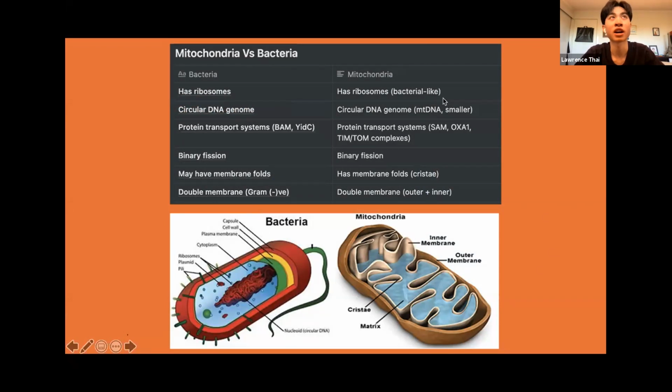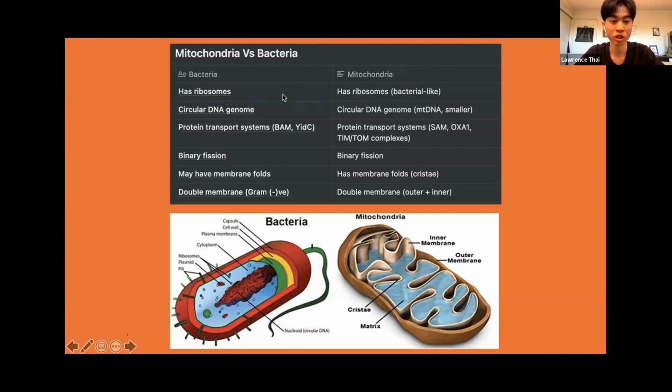And so there's actually like some kind of implications when we use antibiotics. Some of the antibiotics that we use actually would have an influence on mitochondria. So that's where your antibiotic side effects kind of come from.